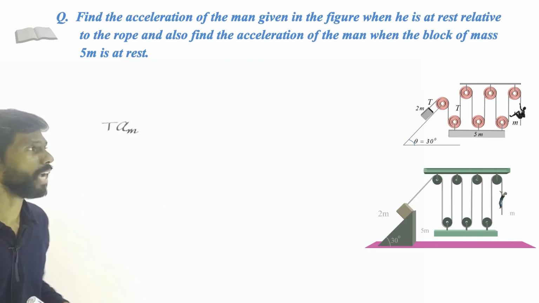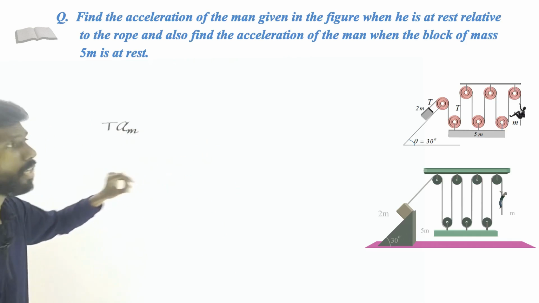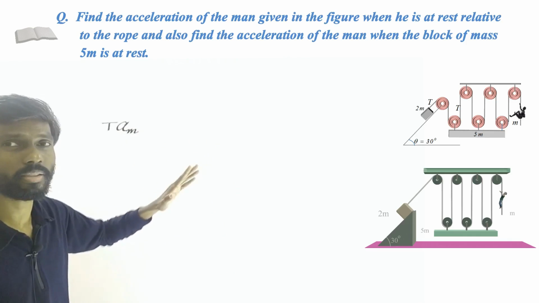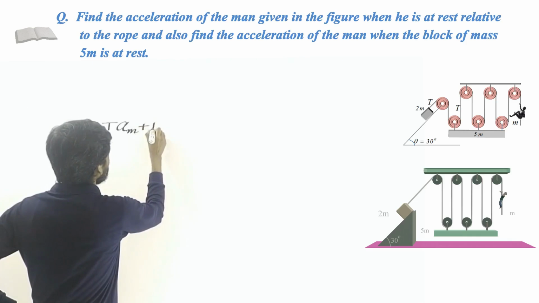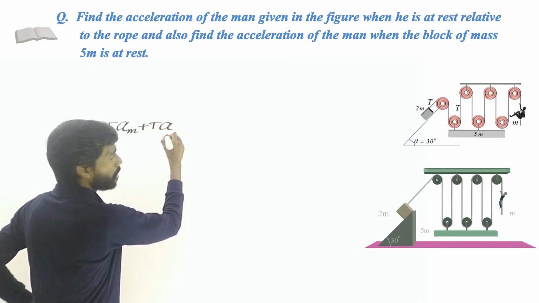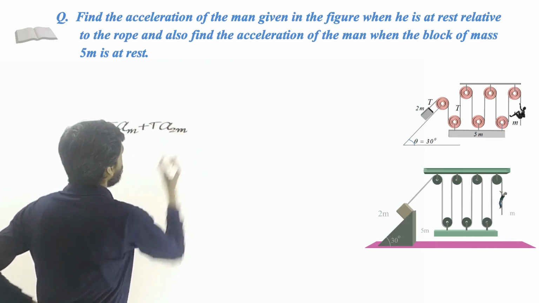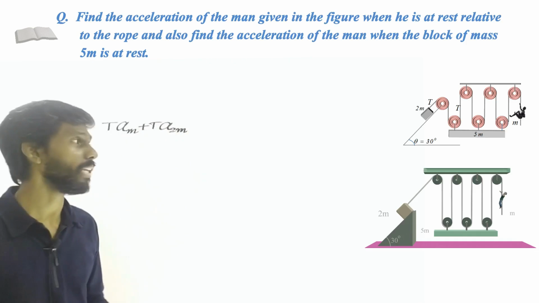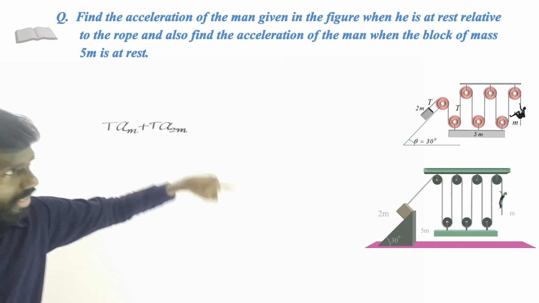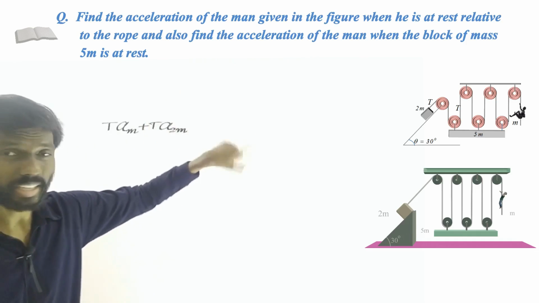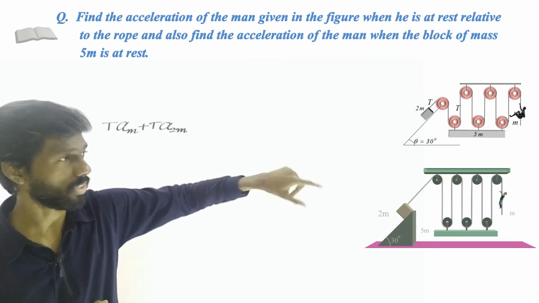Then this block on the inclined plane, the tension force is T only again. So plus T multiplied by the acceleration of that mass 2m. Now similarly, what is the tension force acting on this block of mass 5m? This string has tension T, the string which connects all these objects.